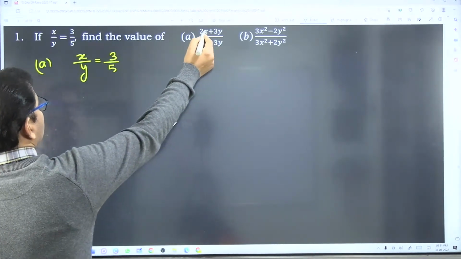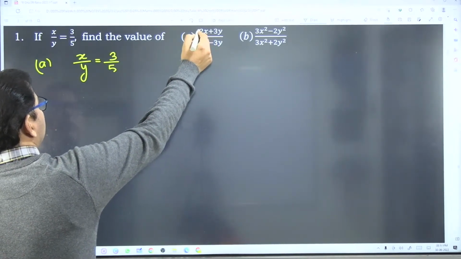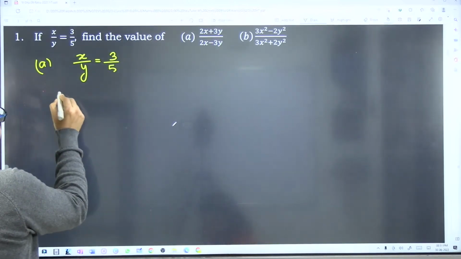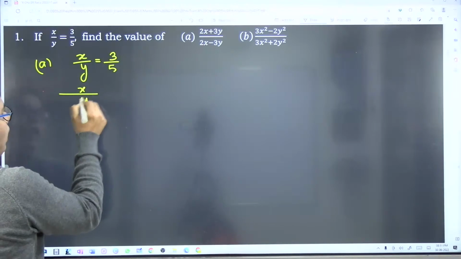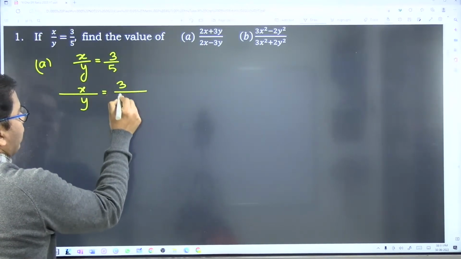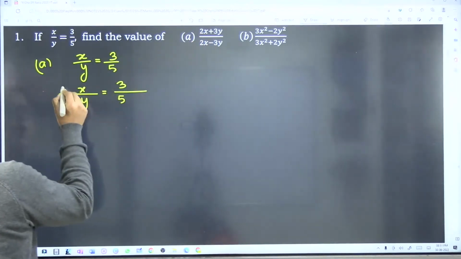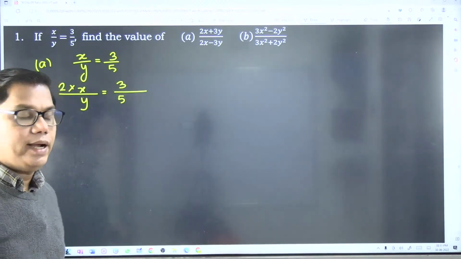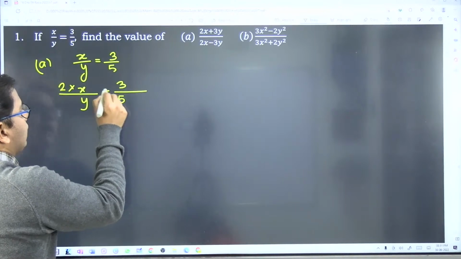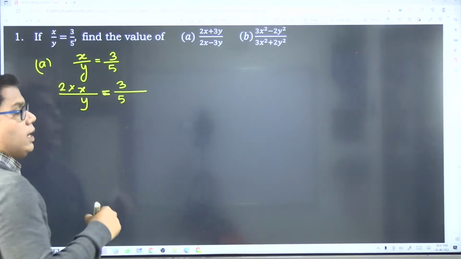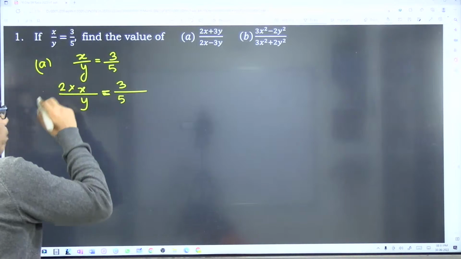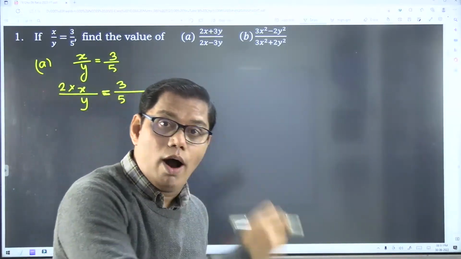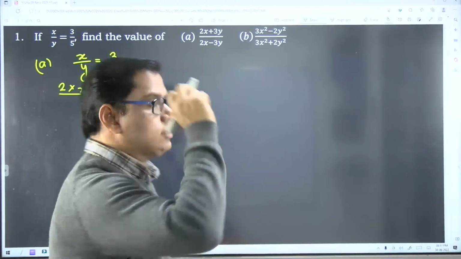We have a number 2 with x and number 3 with y. So this is x by y and this is 3 by 5. I want 2 along with x, so I multiply 2 in the numerator of the left hand side. To maintain this equality in math, whatever operation you perform on the left hand side, you have to do the same thing on the right hand side also.